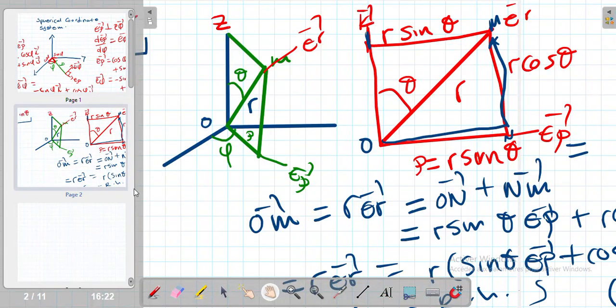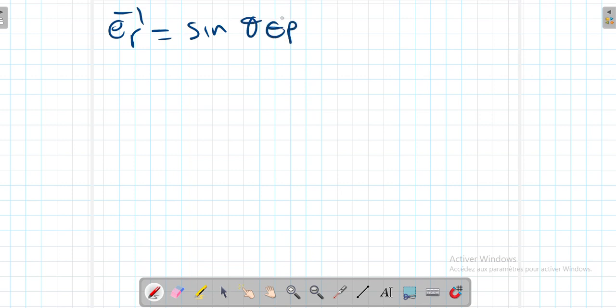So going back to what we have, we found that ER is equal to sine theta in the direction of E rho plus cos theta in the direction of k. Now let's find E theta.